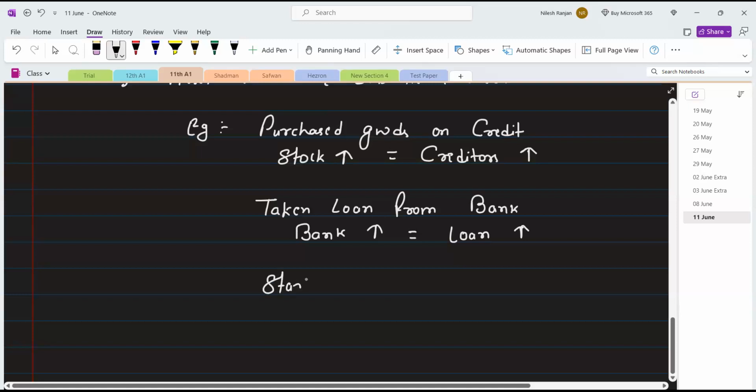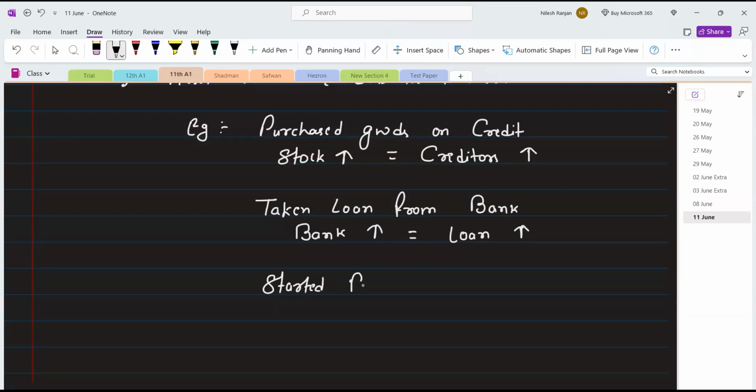Again, started business with cash. So your cash will increase, or if you started business with some other thing, then that other asset will increase. Cash will increase and capital will increase.